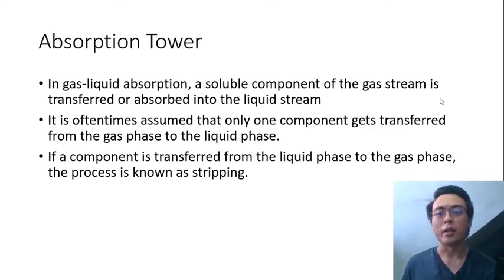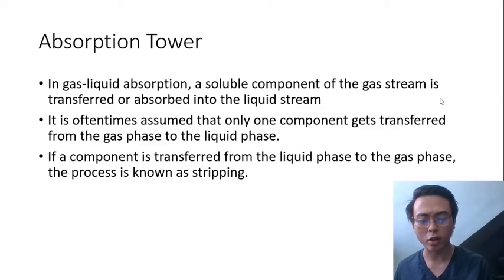Okay? In gas-liquid absorption, a soluble component of the gas stream is transferred or absorbed into the liquid stream. But this could also happen the other way around. You can also have an evaporating solvent coming from the liquid phase that joins the gas phase. In that case, that's known as stripping. So stripping is the opposite of absorption.